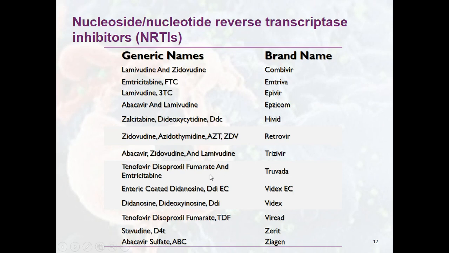So Truvada, or tenofovir disoproxil fumarate and emtricitabine, under the brand name Truvada. That's one that they've been advertising quite frequently in the media.